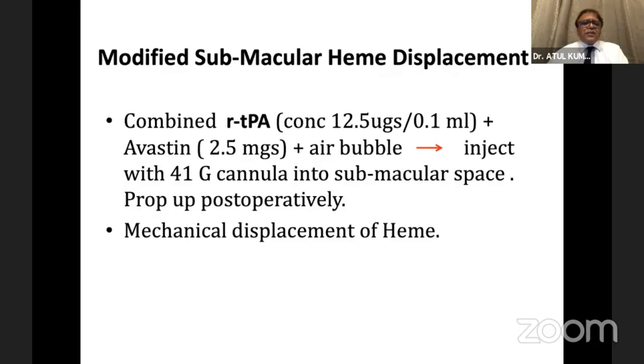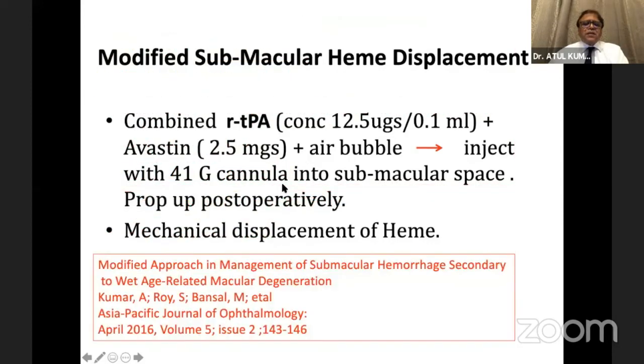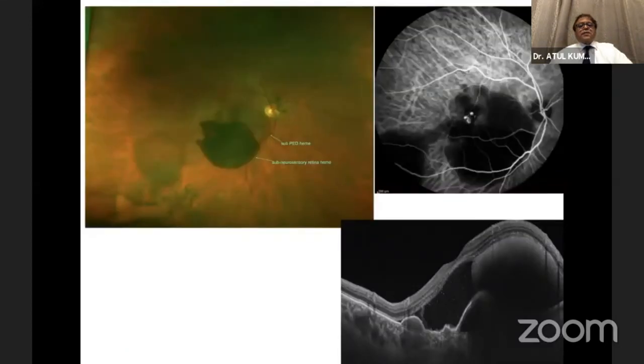This is the 41 gauge translocation needle, the same needle which was used in Europe to create macular translocation. It is used because the retinotomy is self sealing, and in my hundreds of cases, I've never had a retinal detachment. So it really does self seal.